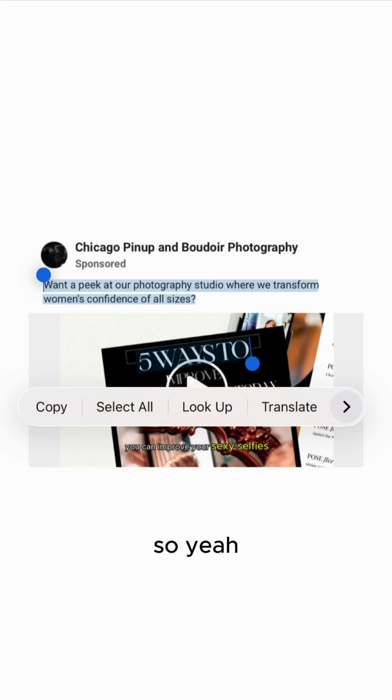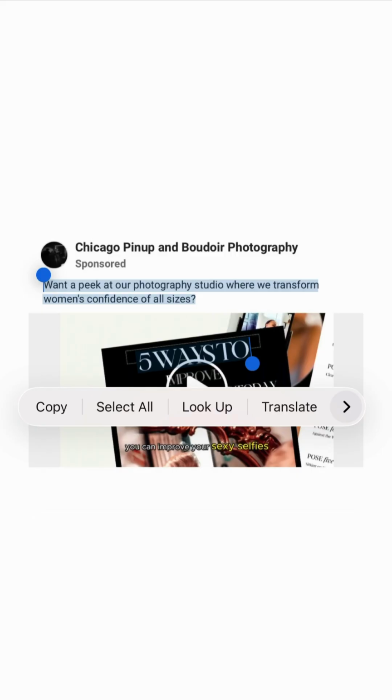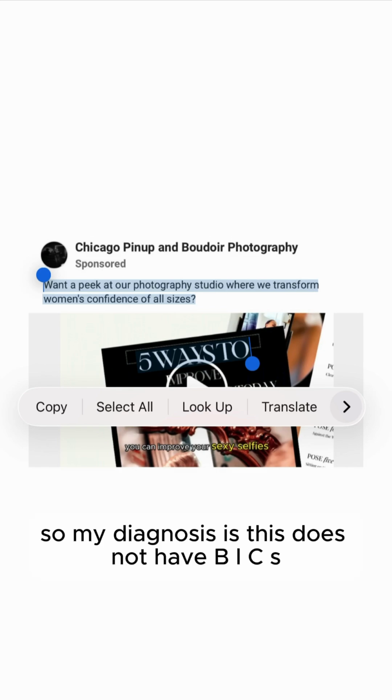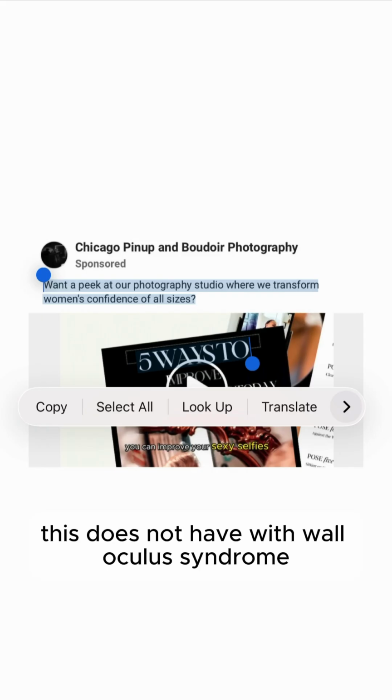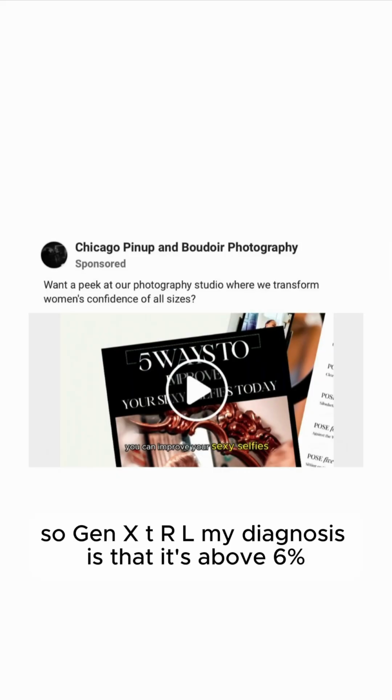So yeah, I'll say this one's got a unique CTRL above 6%. So my diagnosis is this does not have BLCS. This does not have Boudoir low click syndrome. So unique CTRL, my diagnosis is that it's above 6%.